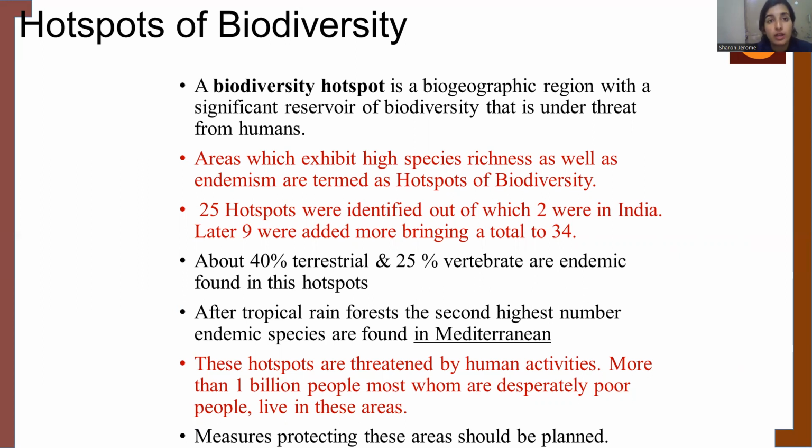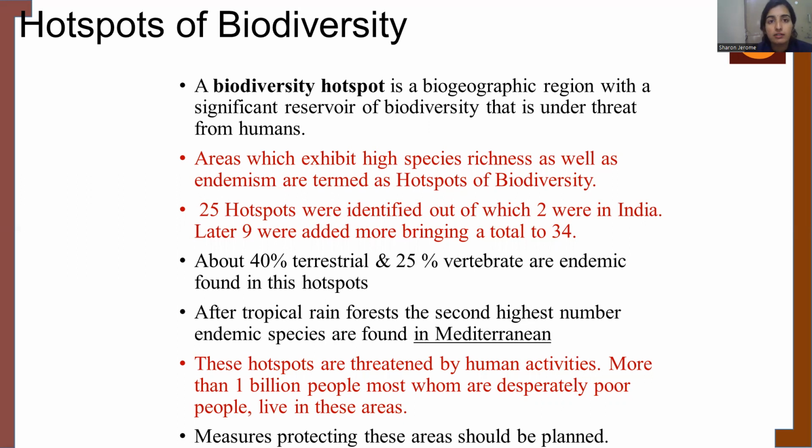25 hotspots were identified, out of which 2 were in India. Later, 9 more were added, bringing the total to 34 hotspots all around the world. About 40% of the terrestrial plants and 25% of the vertebrates found in these hotspots are endemic. After tropical rainforest, the second highest number of endemic species is found in the Mediterranean.